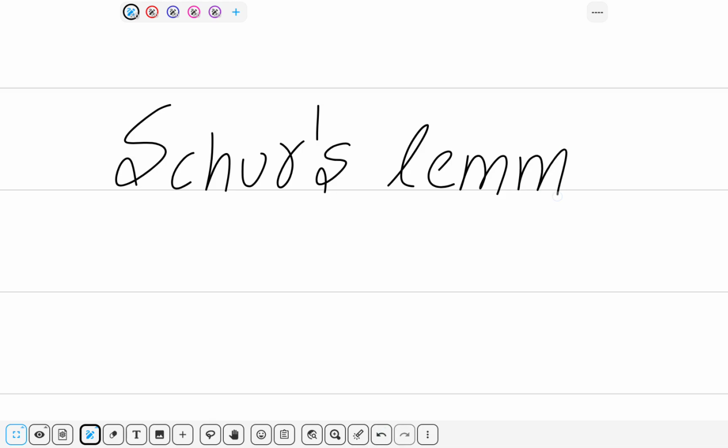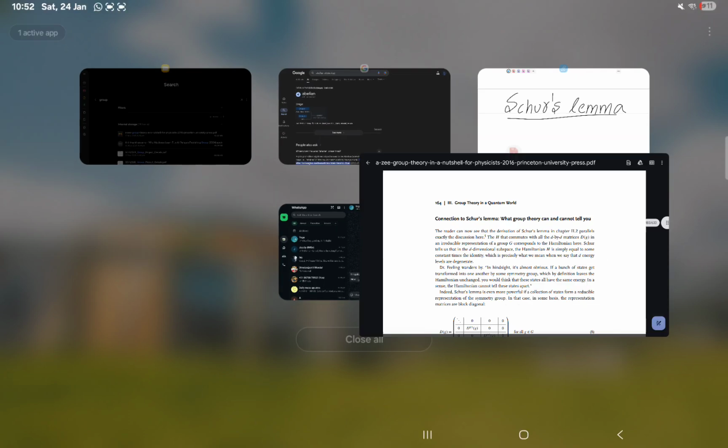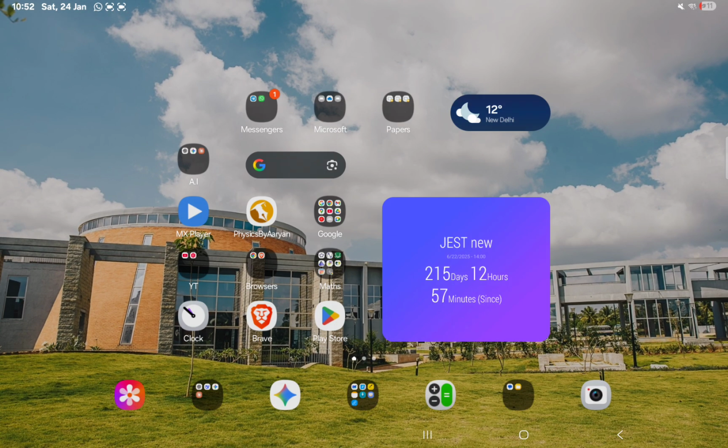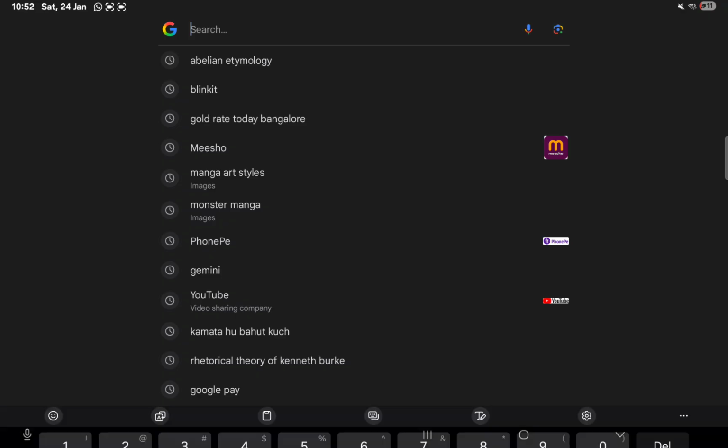We have Schur's lemma. I don't know what this is, but it sounds important, so let's try to understand it. Let me first Google what this Schur's lemma is.